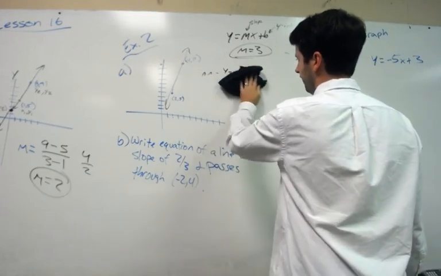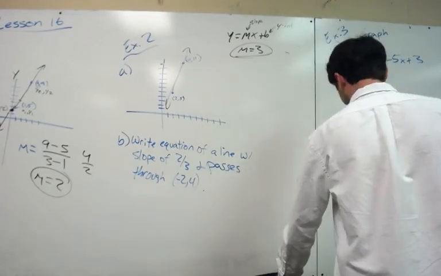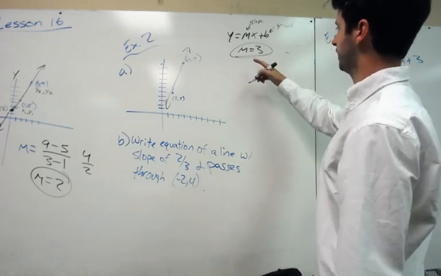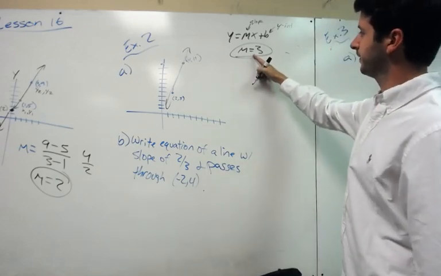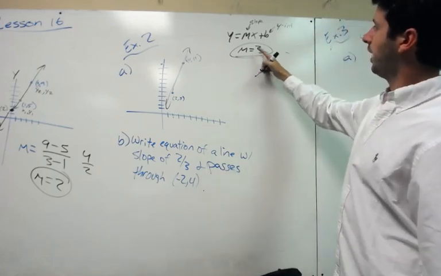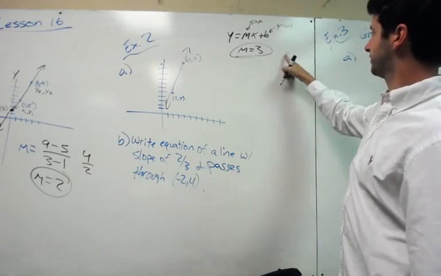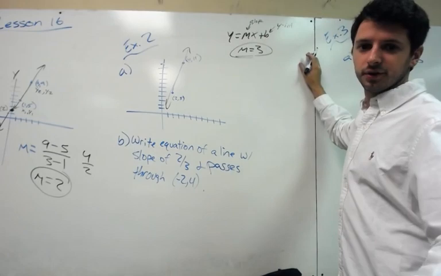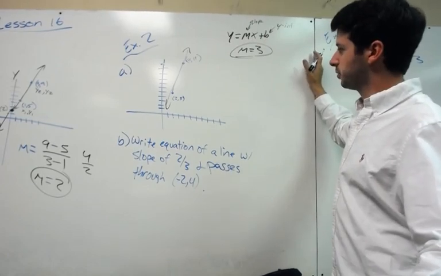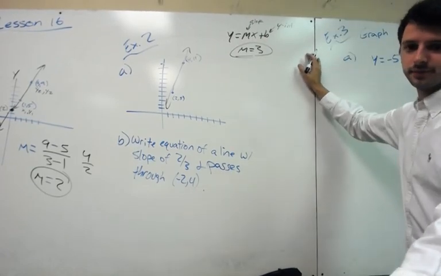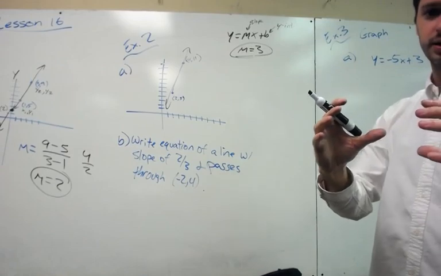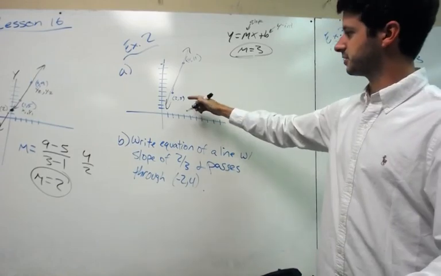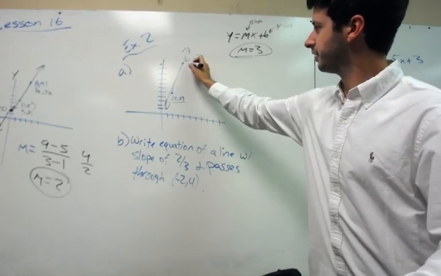Now that we know our slope is 3, how could we find the y-intercept? Well, we haven't talked about the y and the x yet. All that the y and the x are is coordinates that are on the line. It is one set of coordinates that is on the line. So here it gives us (2, 5) and (4, 11).